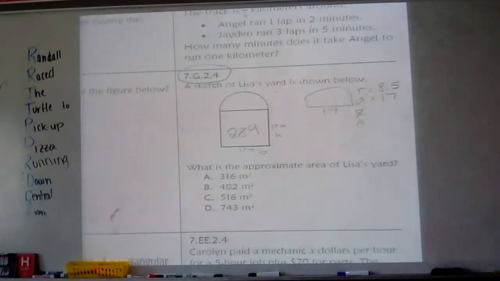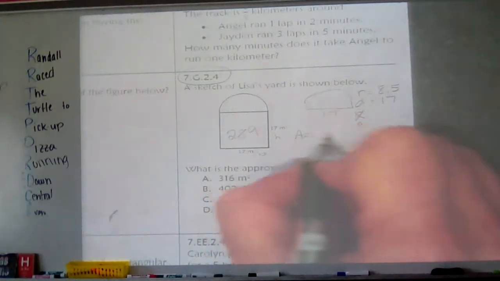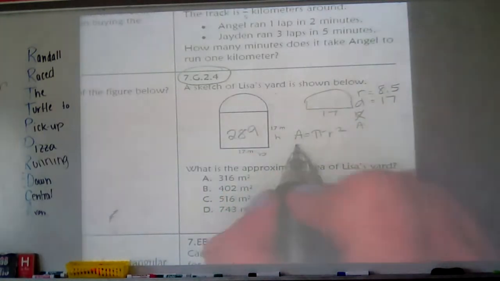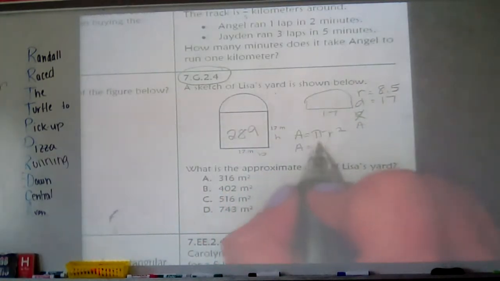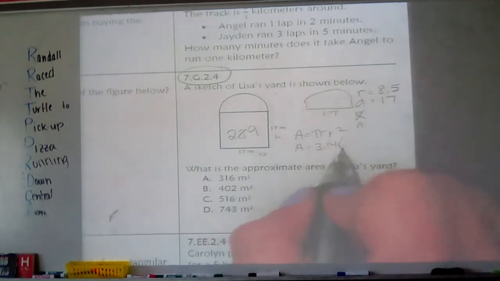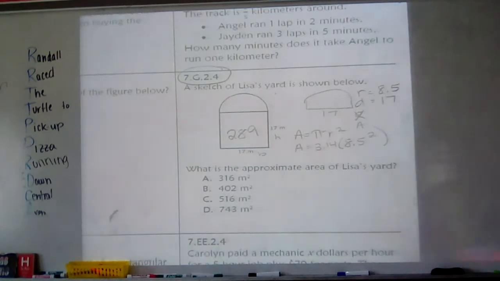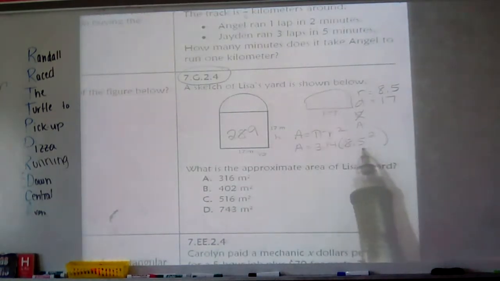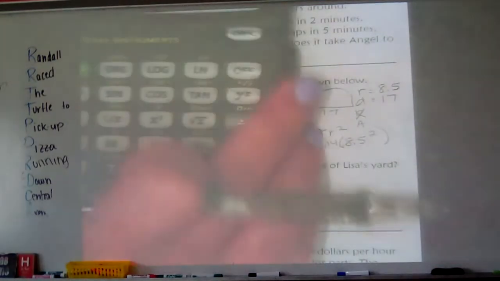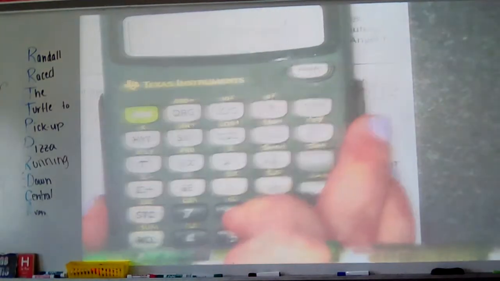Now I need to find my area. Formula for area is pi r squared. So I'm going to fill in my equation here. 3.14 times 8.5 squared. Following PEMDAS, we need to do what's inside the parentheses and the exponents before we multiply. So I have, remember, squared means a number times itself.